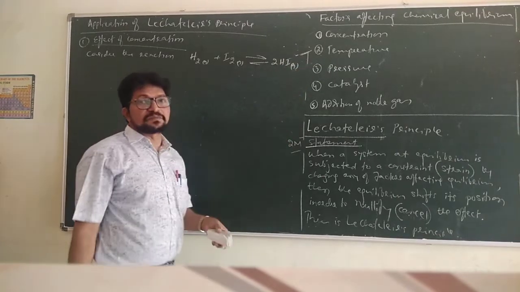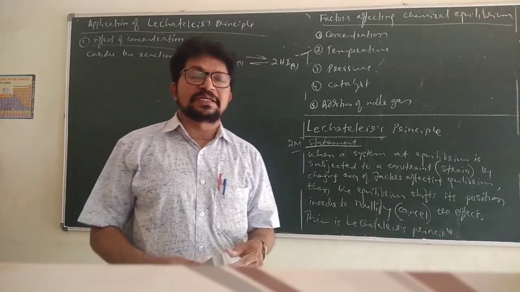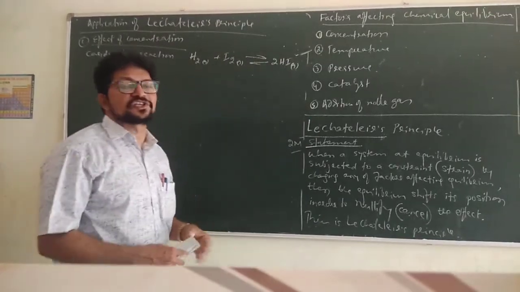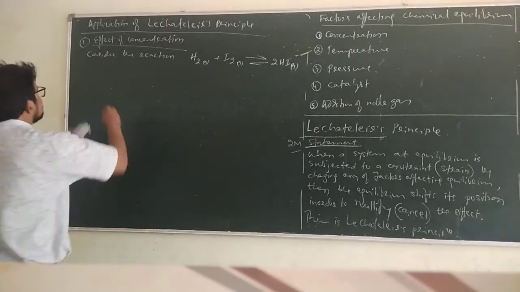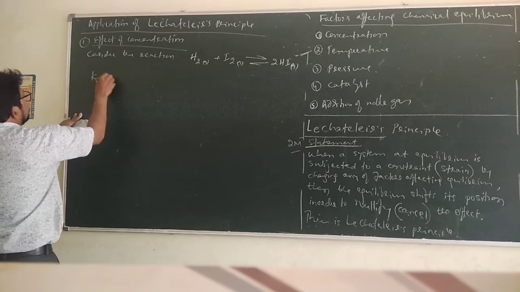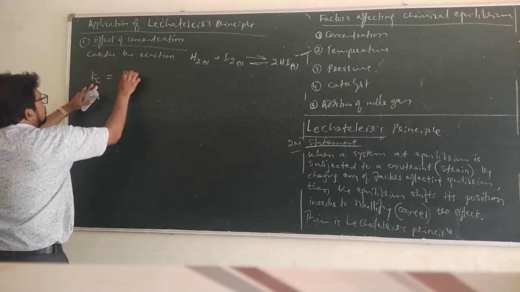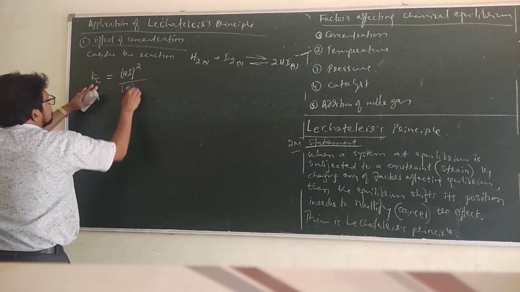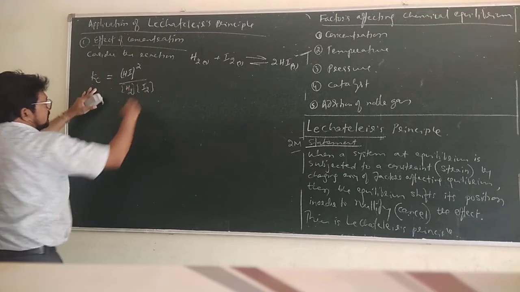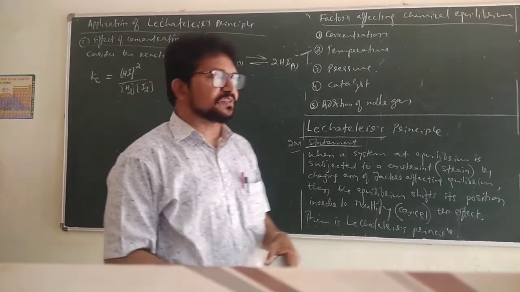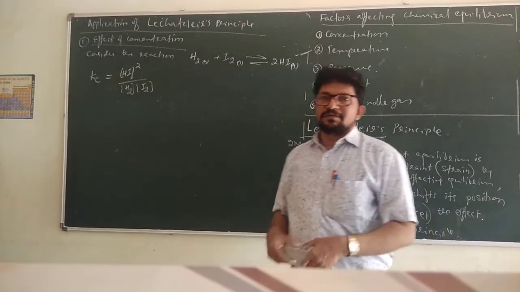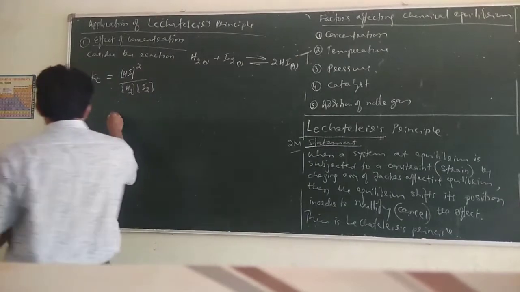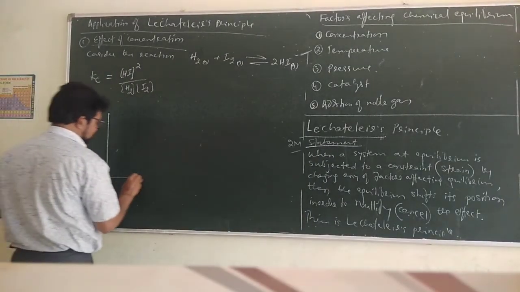So this equilibrium we have to discuss by considering the change in concentration. I will write the Kc value, the equilibrium constant: concentration of hydrogen iodide to the power 2 divided by hydrogen concentration and iodine concentration, by the definition of the equilibrium constant. Now let me show this with a graph. Very easily one can understand.